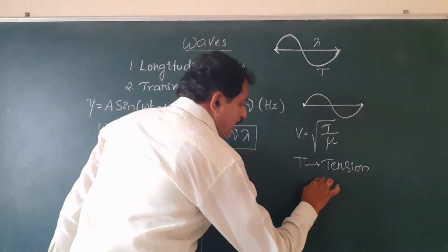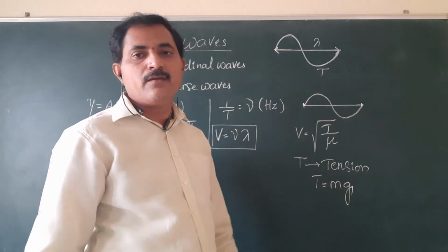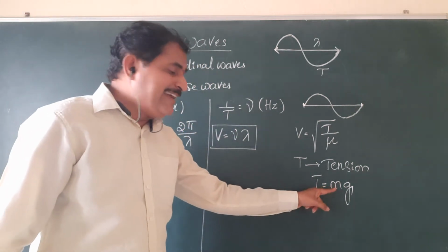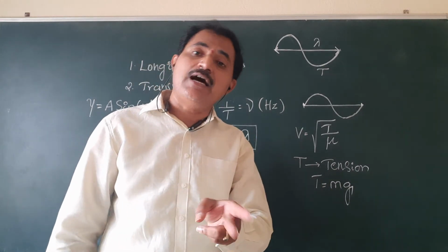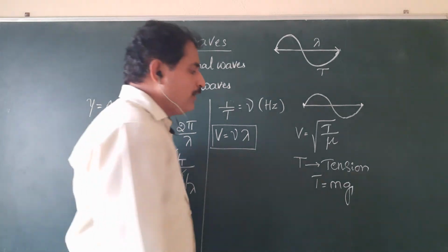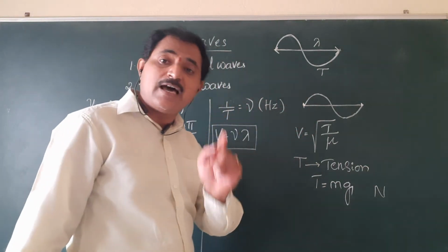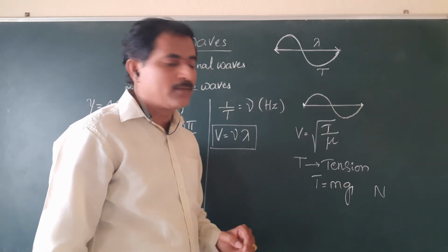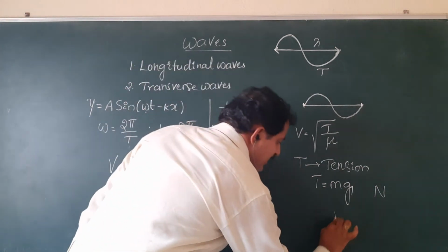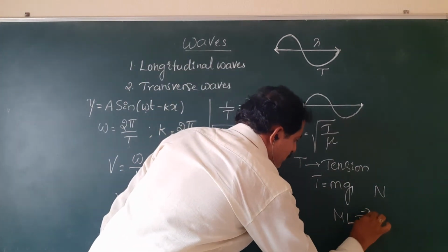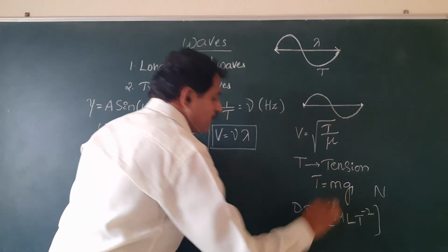Tension, and the formula is T equal to mg. The tension and the force have the same units and same dimensions. The unit of tension is newtons. Force also has the same SI units, newtons. And the dimensional formula of force and tension both is MLT power minus 2.